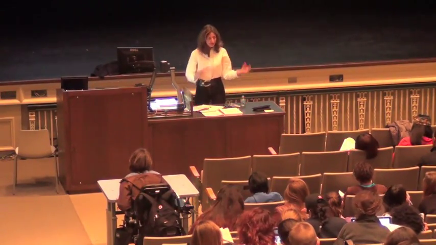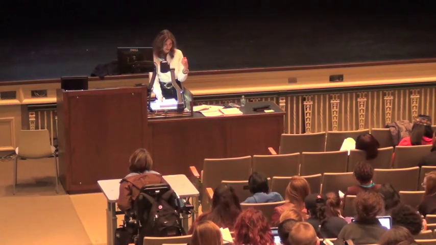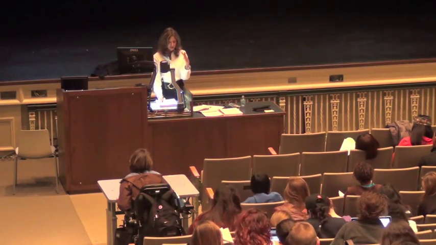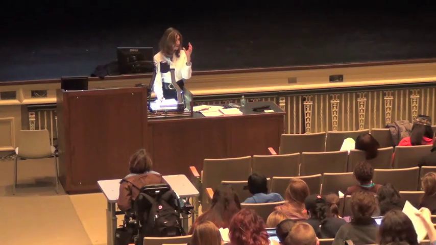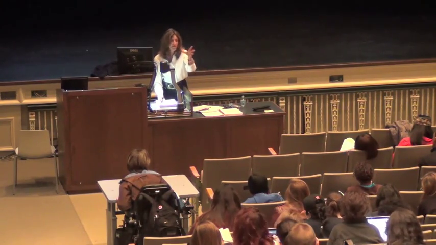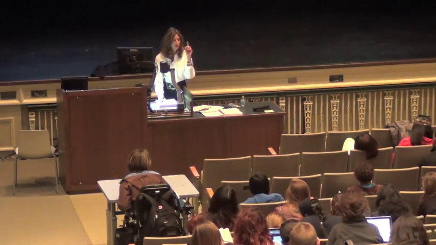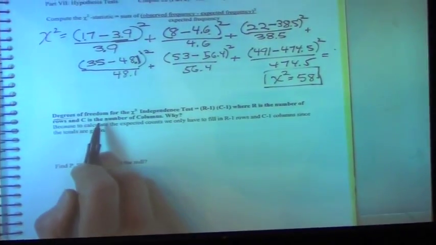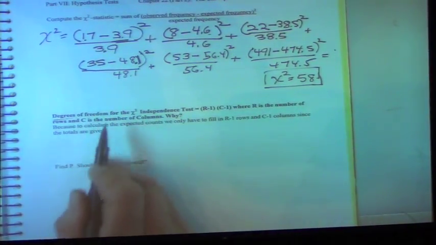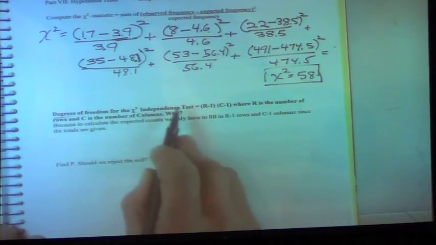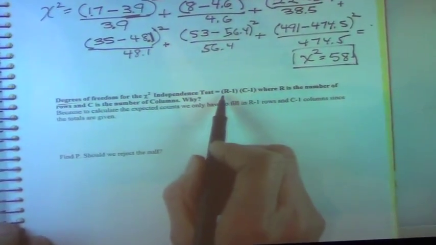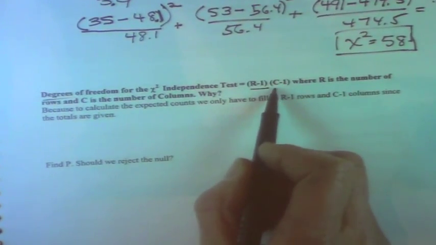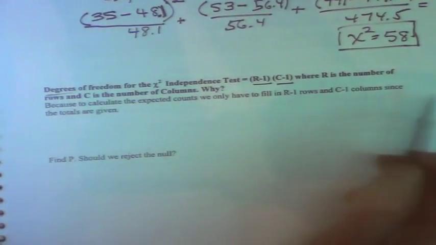All right. Now, we have to look. This is our statistic. It's not like a z where we'll know right away by looking at that normal curve. We have to figure out the degrees of freedom. So how do we figure that out? Well, the degrees of freedom for a chi-square test is the number of rows minus 1 times the number of columns minus 1.